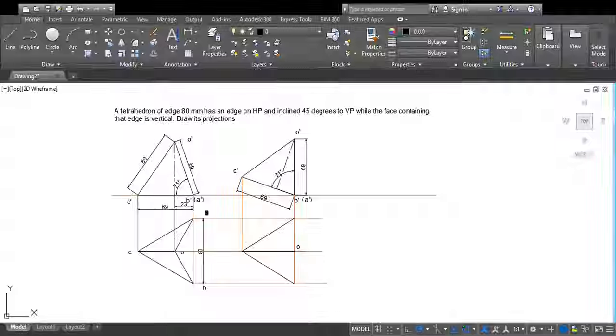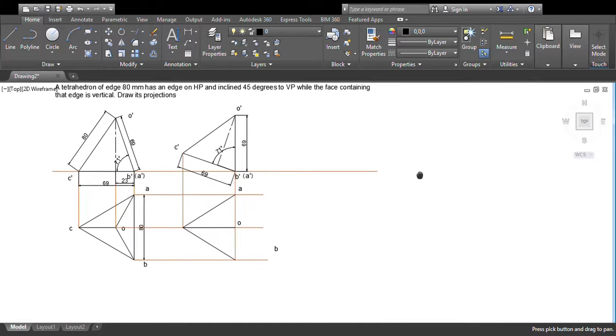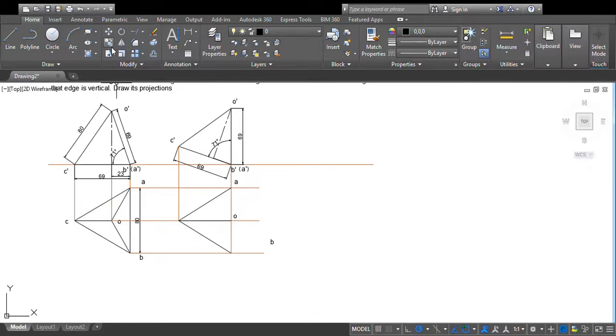This is A1. This is B1. And one more point, C1.